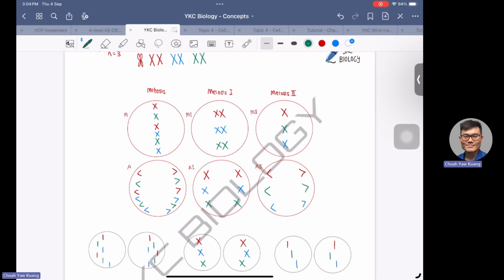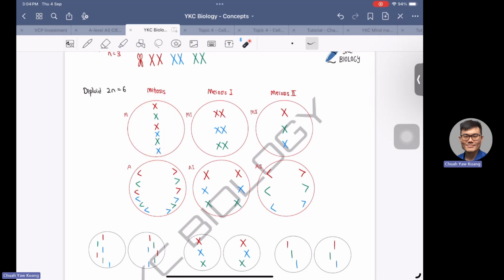So before we end, we will have a very quick recap. Mitosis starts with a diploid cell, which is 2n equals 6. It has 6 chromosomes.